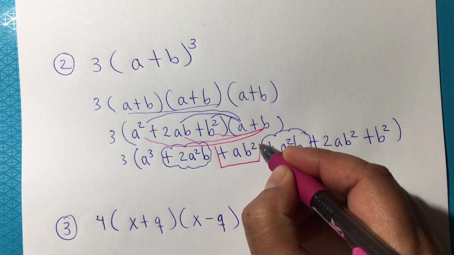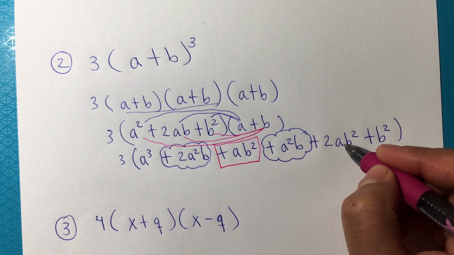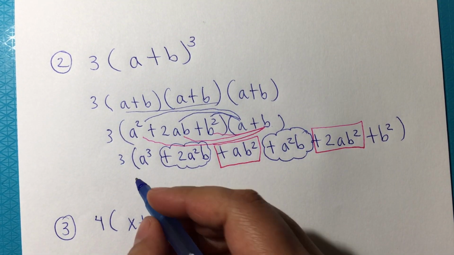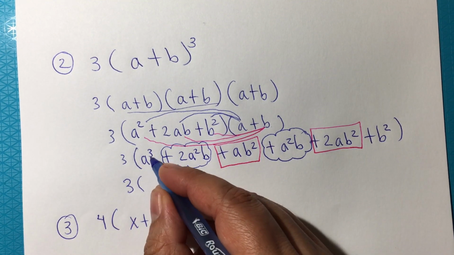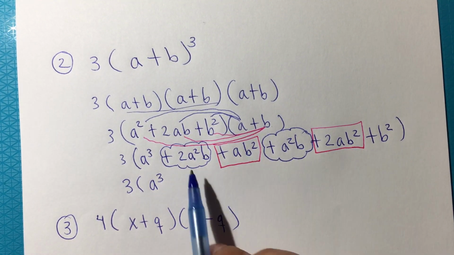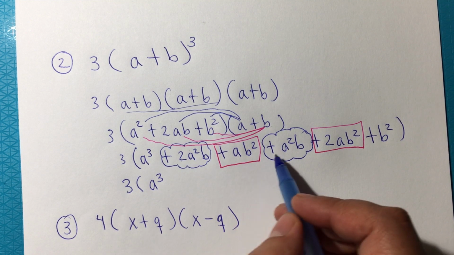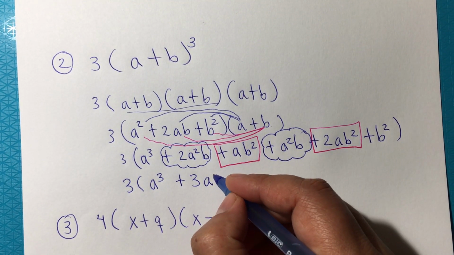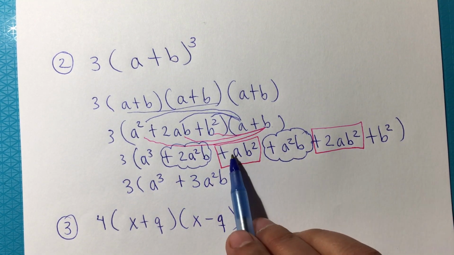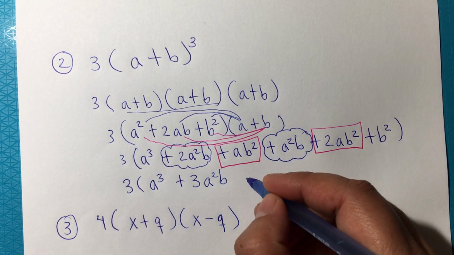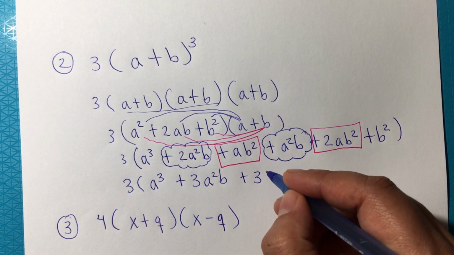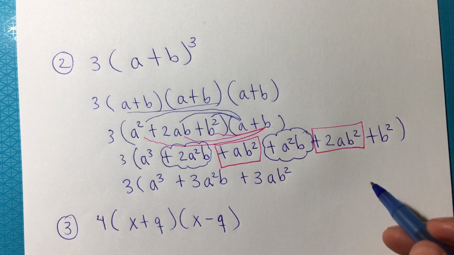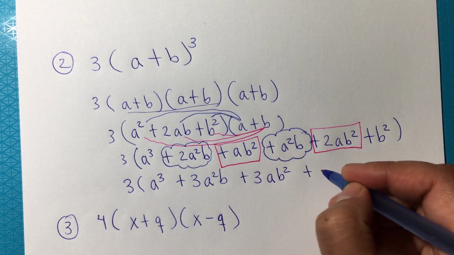I also have ab squared, and so I bring down the a cubed, I combine this, and 2 plus 1 is 3a squared b. And for this one, 1 and 2 is 3ab squared. And I bring down the b squared.